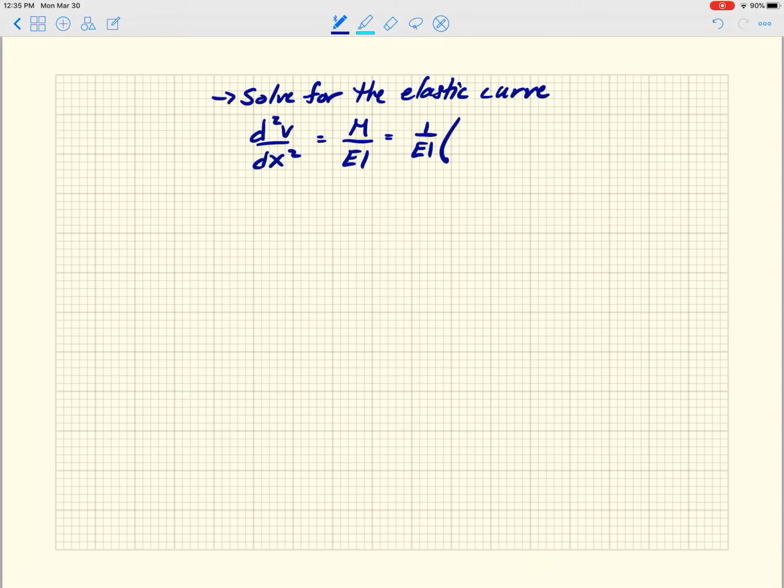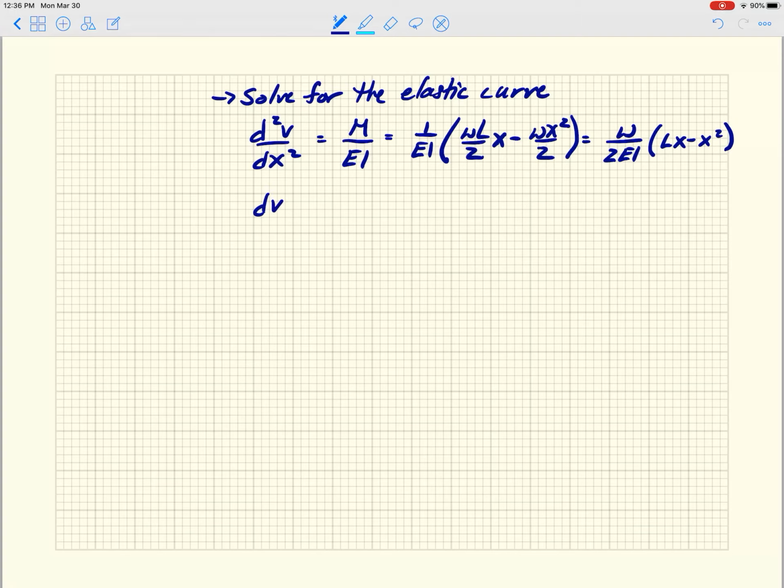We know what that moment is, so I just plug it in here: WL over 2 times x minus Wx squared over 2, like that. And if we want to simplify it, I can pull that W and the 2 out front, and I'm just left with Lx minus x squared. I think your book and others typically do this. It's not required, so it's up to you.